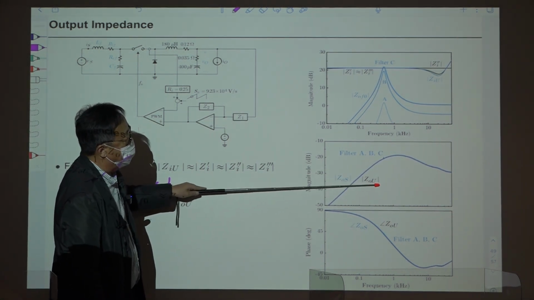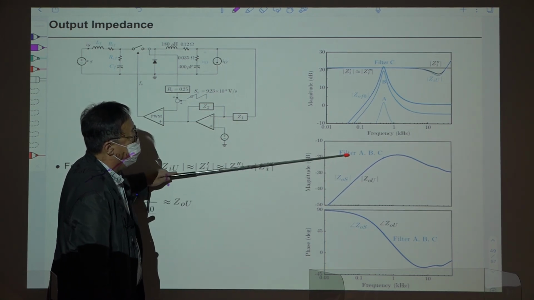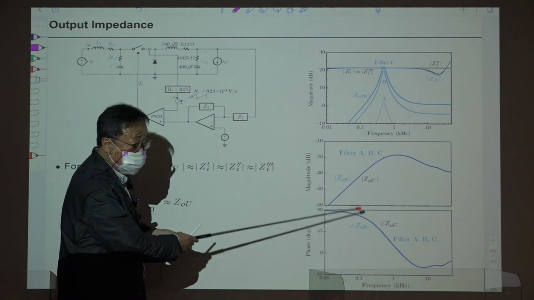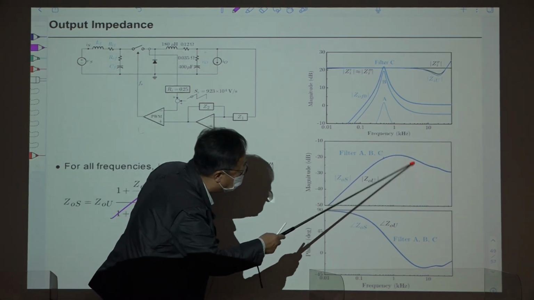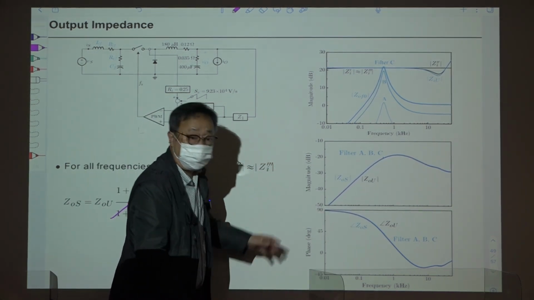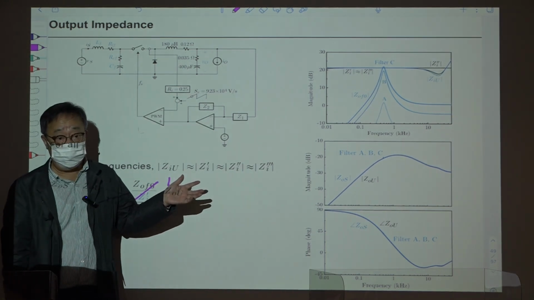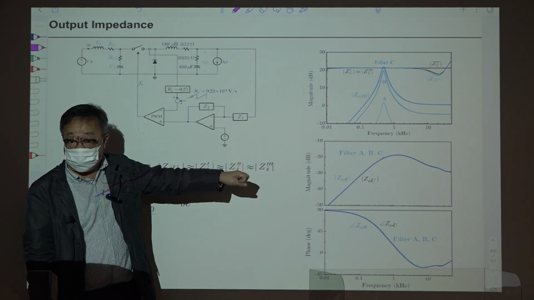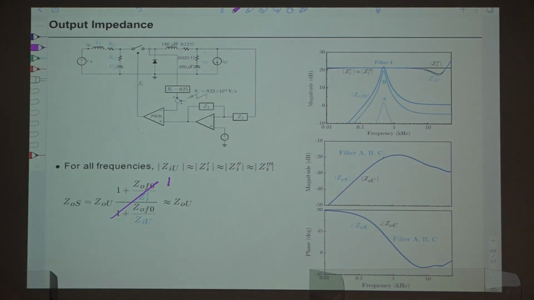GOU and GOS with these three different in-filters are almost exactly the same. Maybe you can find a very small deviation somewhere here, but practically they are the same. So this says the converter is stable. There is nothing strange in the output impedance characteristics.